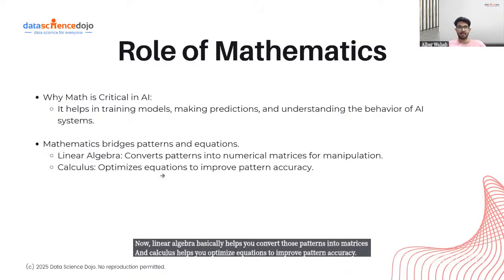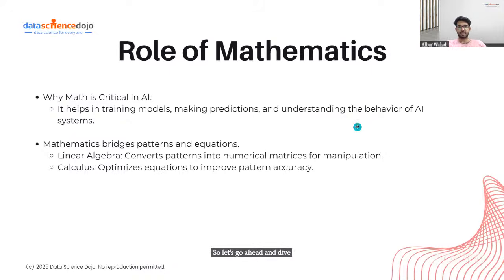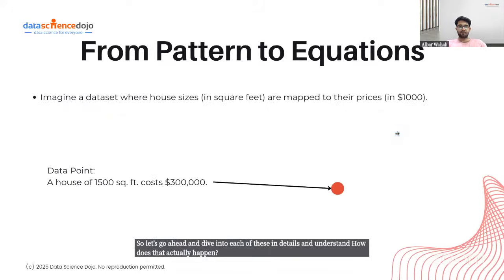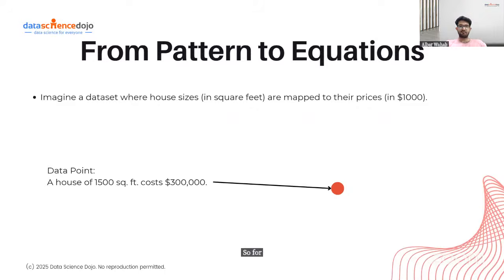So let's go ahead and dive into each of these in detail and understand how that actually happens. So for starters, in our journey of turning a pattern to an equation, let's imagine a data set that consists of information about different houses. And each house will have a respective price.